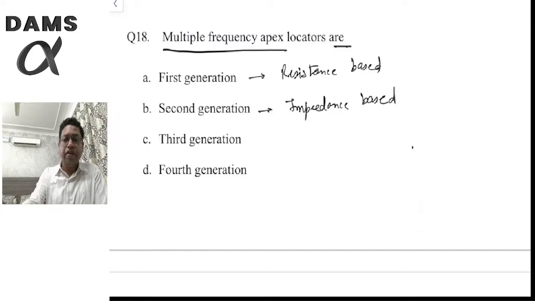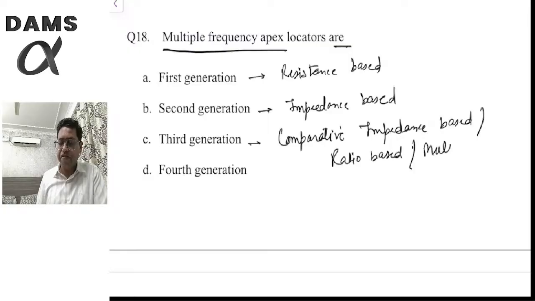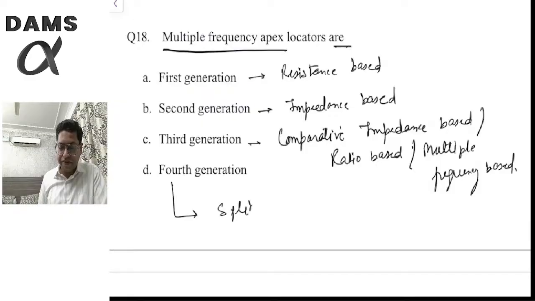The third generation are called comparative impedance based, or ratio based, or multiple frequency based. These are the different names for the third generation of electronic apex locators. And the fourth generation split impedance.